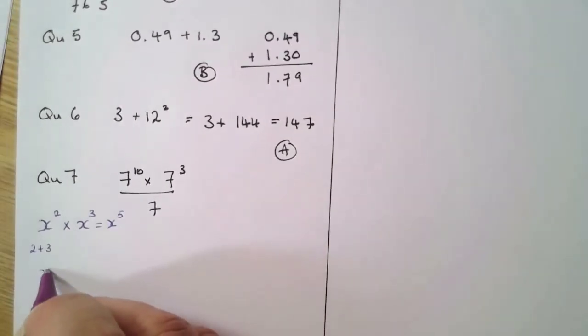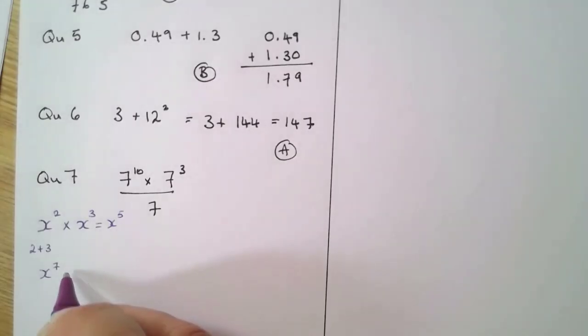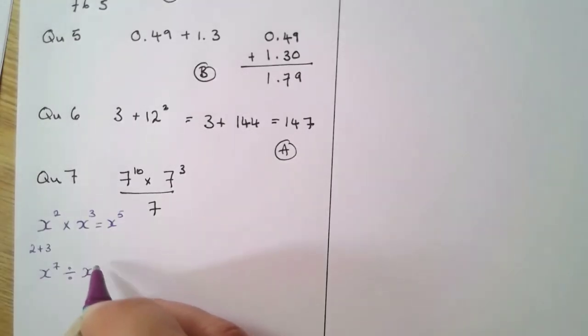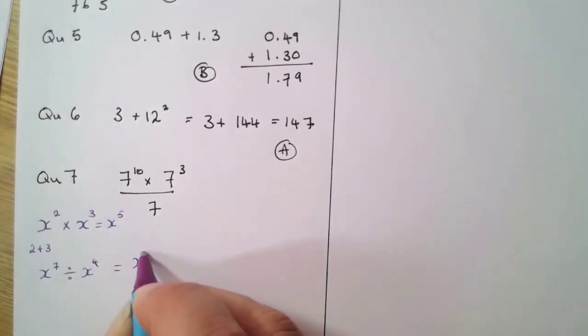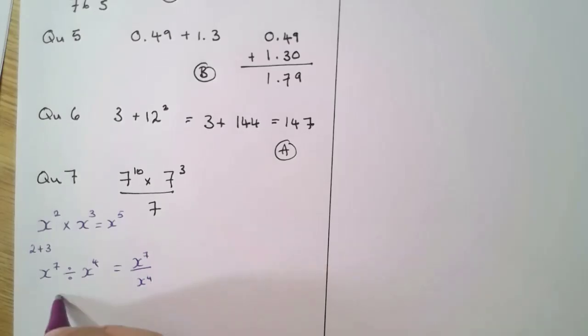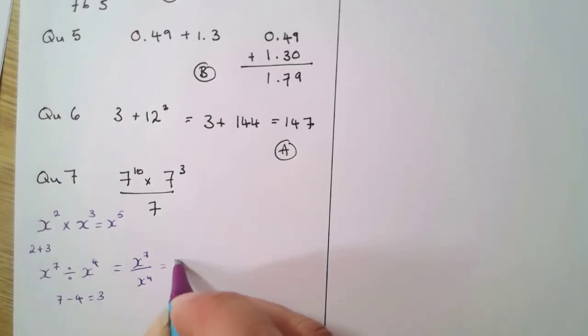If you've got x to the power 7 divided by x to the power 4, this is exactly the same as saying x to the power 7 over x to the power 4. This time we take the 7, we subtract the 4, we get 3. So this becomes x to the power of 3.